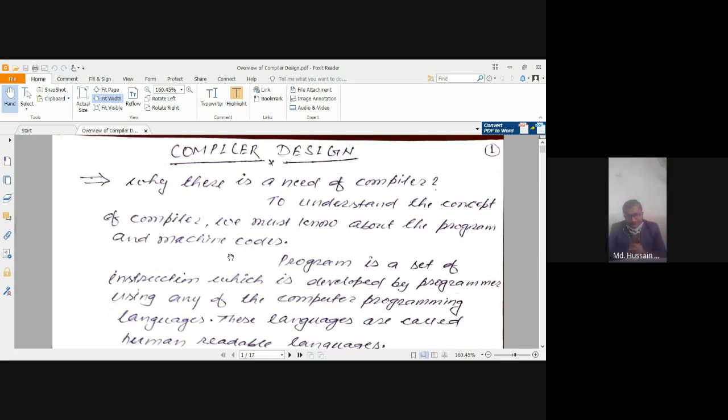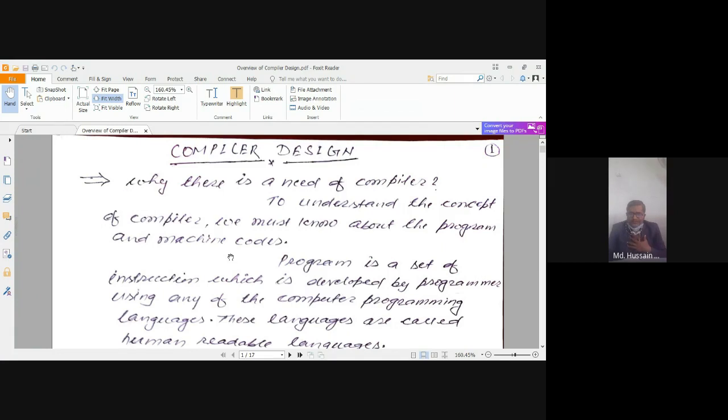So the next point comes. What is compiler design? Why should we study compiler? To understand these concepts, first of all, we have to know about the communicating language.